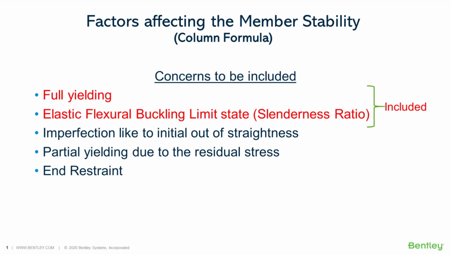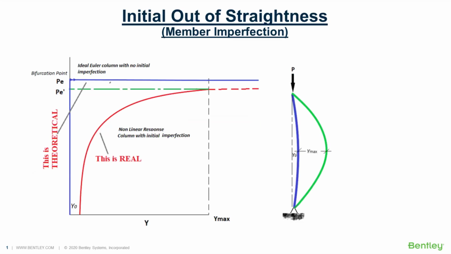But Euler didn't consider some other factors like initial out of straightness of the member, residual stress effect, and the different end restraint conditions. So let's see how they impact the member stability and how we can include them in the column curve. As mentioned and explained in our last webinar, every real life column has some initial imperfection like out of straightness. This out of straightness affects the stability response against the applied load in a column.